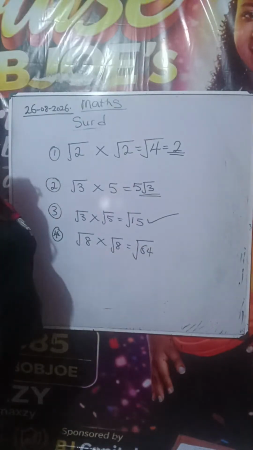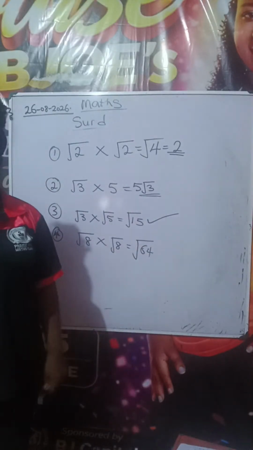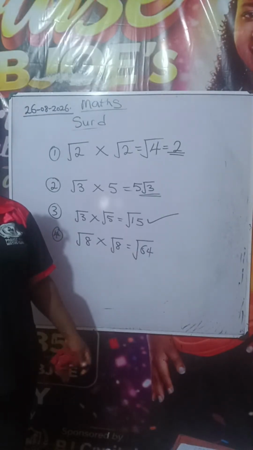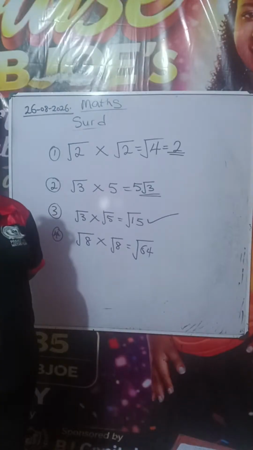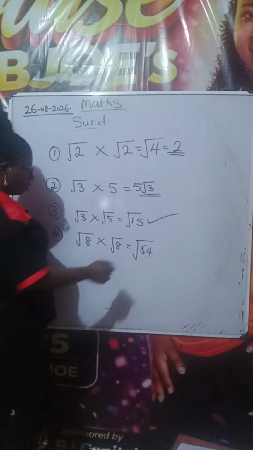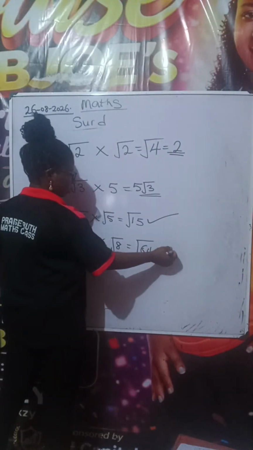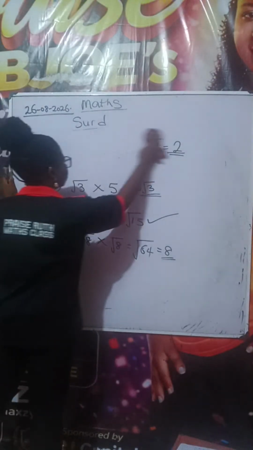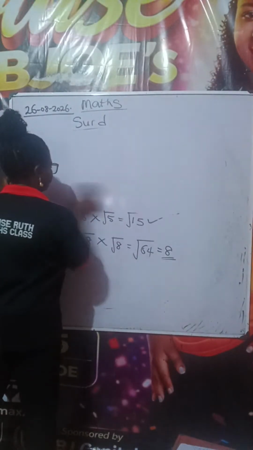And the square root of 64 is 8. Finish. Did you understand it? Is it clear?